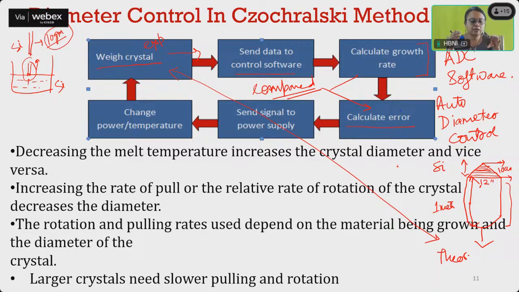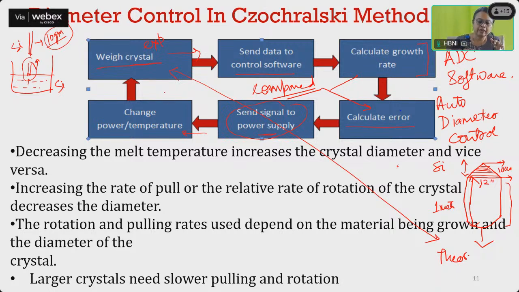If the weight of my crystal is more, that means it has grown more than what it should be at that particular time. So my software will give a power signal to the power supply. The power supply will increase the power so that the temperature of the melt increases very slightly, like 0.1 degree. If my melt temperature increases, the growth rate will decrease.